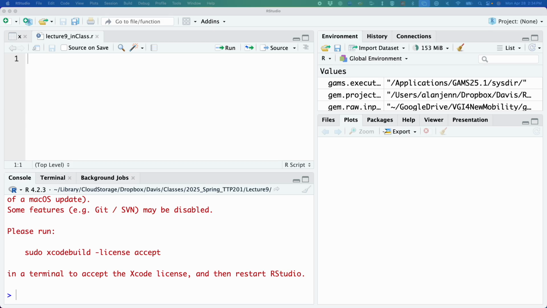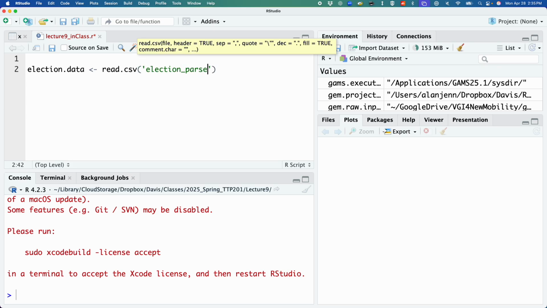Okay, this is kind of a silly little example, but I'm going to upload a data set called elections. You should see something called election parsed. Election data, read CSV, election parsed.